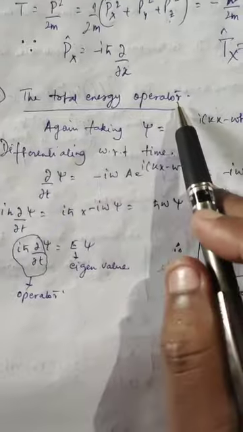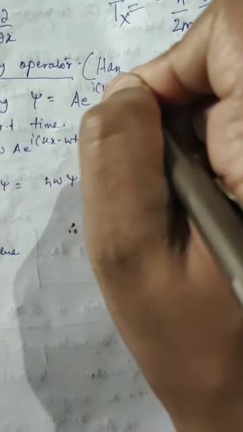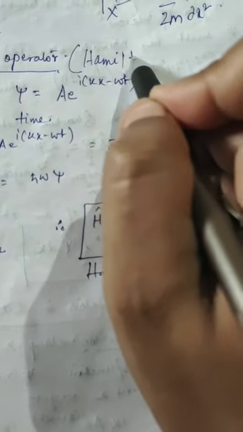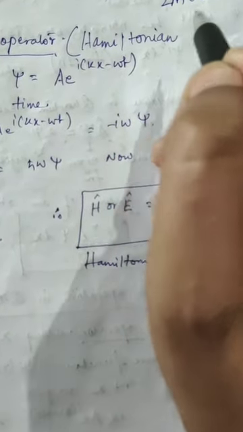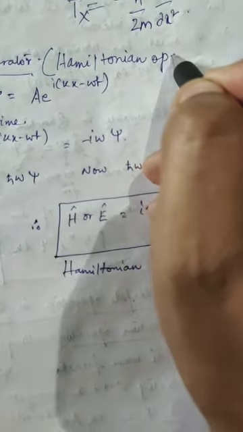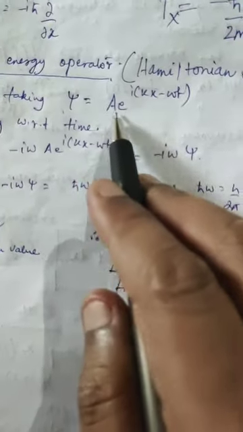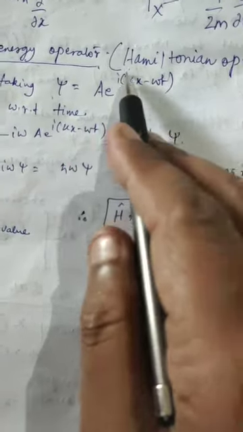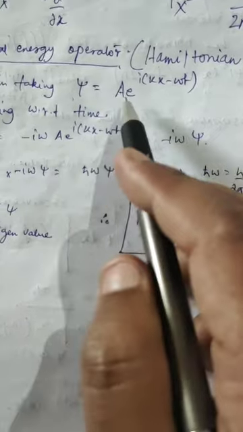Now the total energy operator. This is also called the Hamiltonian operator. So again, taking psi as A e^(i(kx minus omega t)), this is the amplitude and this is the phase of this wave function.